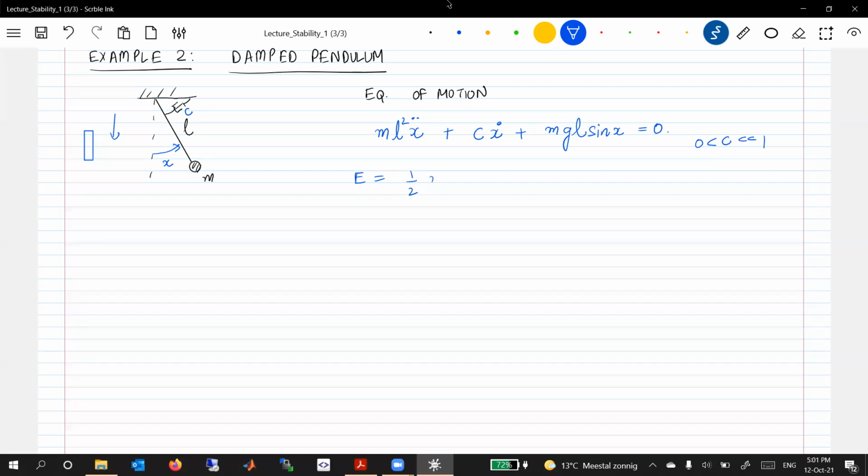So the kinetic energy would be, once again, half the moment of inertia, mL squared, times angular velocity squared, plus potential energy, which is mgL times 1 minus cosine x, which comes from the simple consideration that the potential energy at the bottom is 0, and then this height ends up being L times 1 minus cosine x.